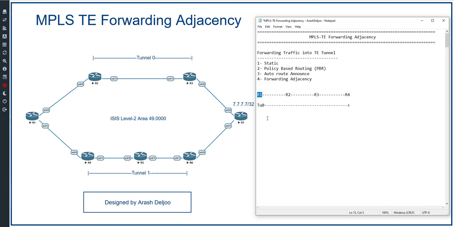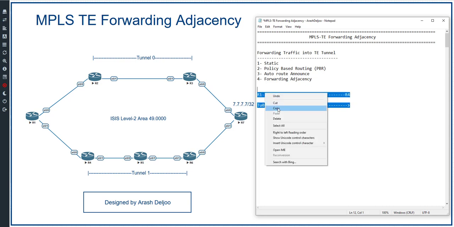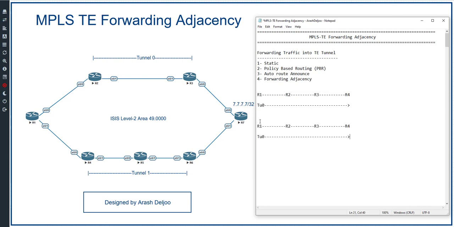If we configure a GRE tunnel, for example, you know that for configuring a GRE tunnel we need to configure a tunnel interface on both sides, for example on R1 and also on R4. This tunnel can be used in R1 and also R4, and it is exactly like a virtual link, a direct link between router 1 and router 4.